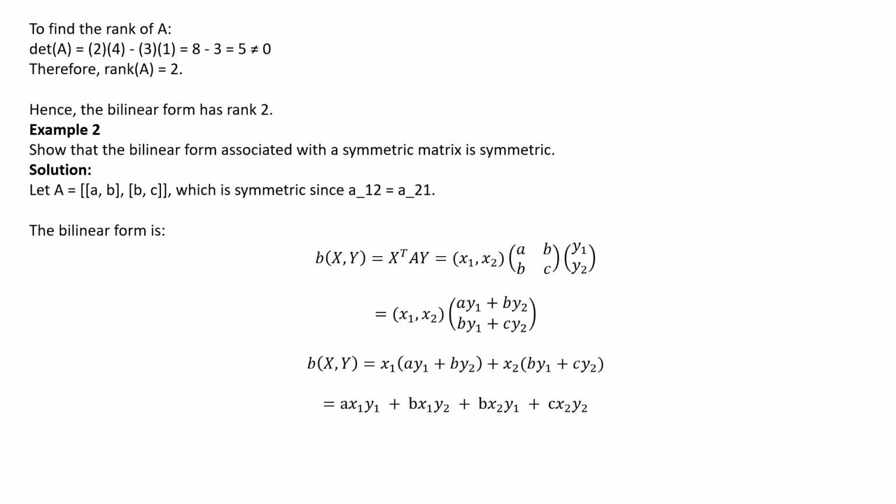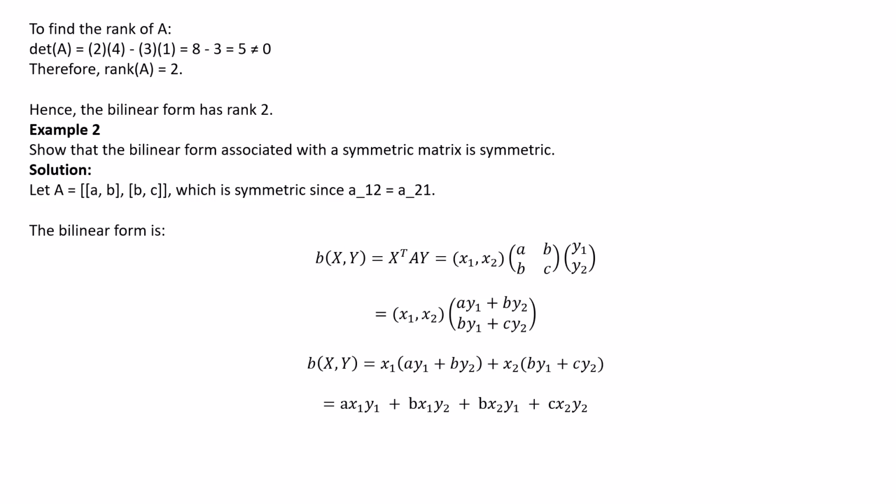Row 1, column 2, we have B. And your row 2, column 1 is also B. So they are the same. So it's a symmetric matrix.